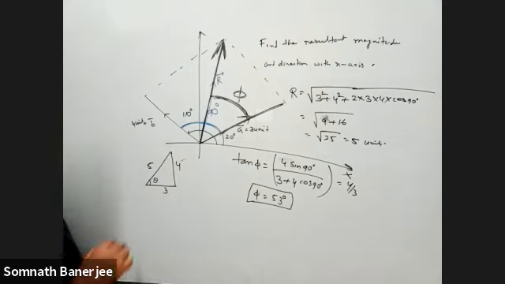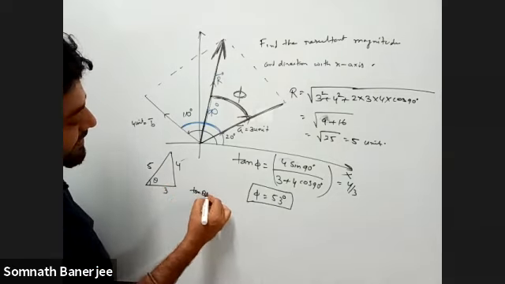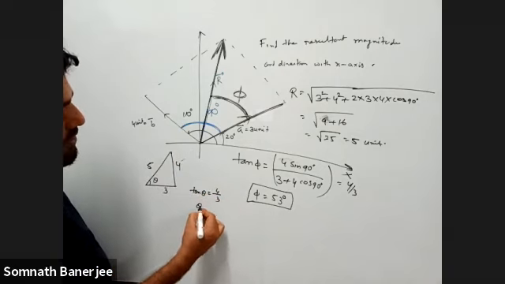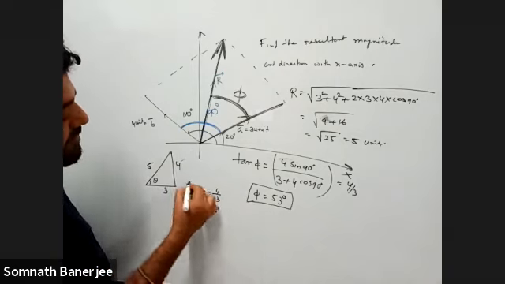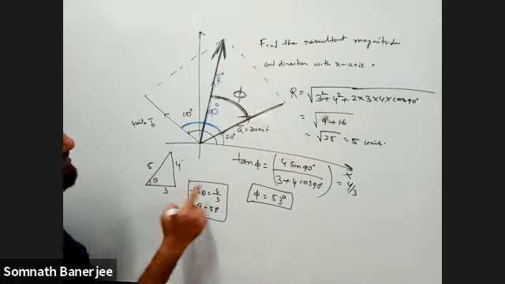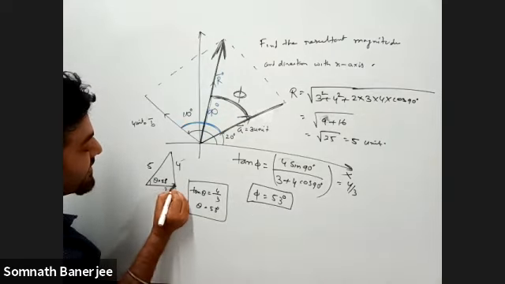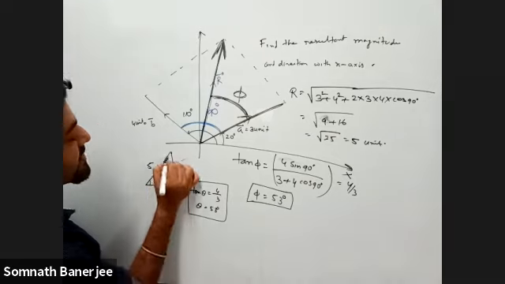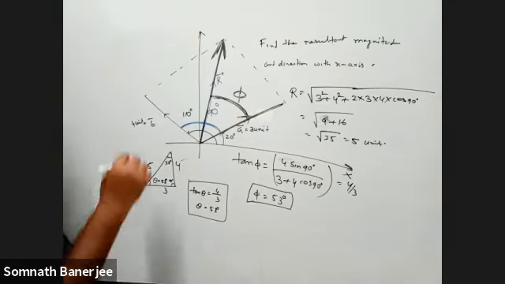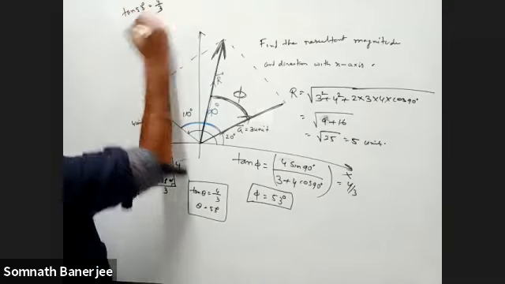And if we suppose this angle is theta, so basically tan theta, that is perpendicular by base, 4 by 3. So theta is 53 degrees. So remember this value. If theta is 53 degree, tan 53 degree is 4 by 3. So if this one is 53 degree, this angle is 90 degree, so this angle is 37 degree.